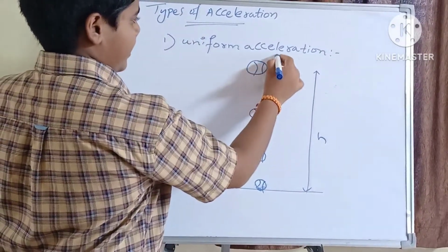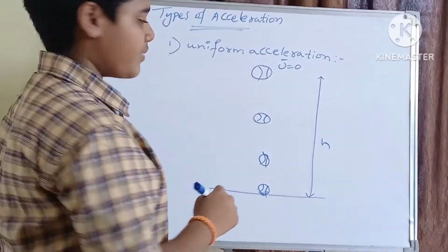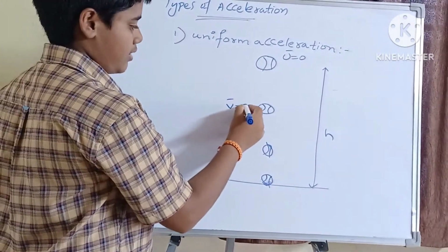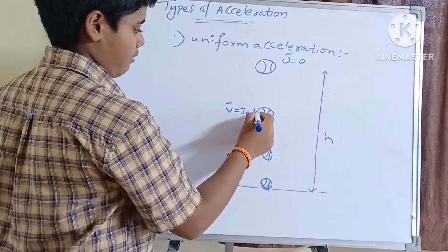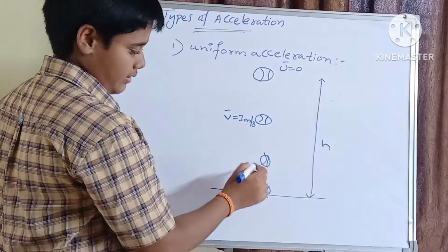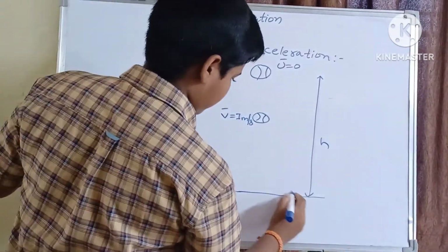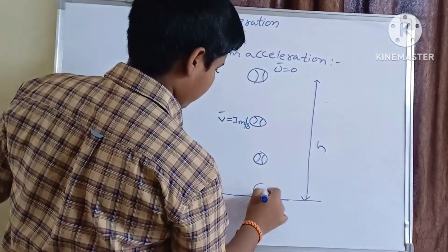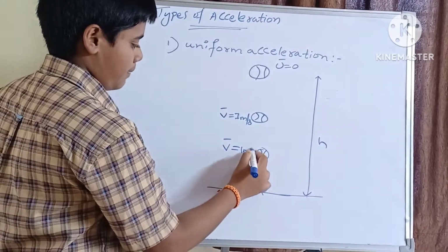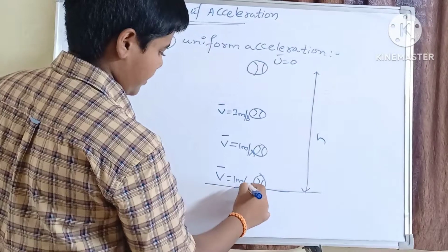Initially the velocity is 0. In this case the velocity is 1 meter per second, and in this case the velocity is 1 meter per second.